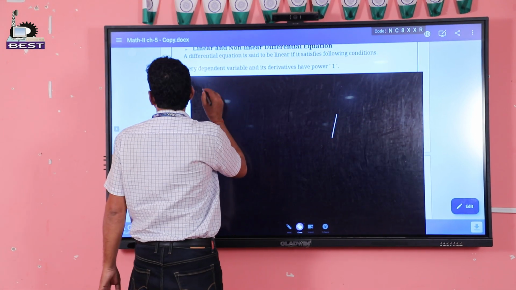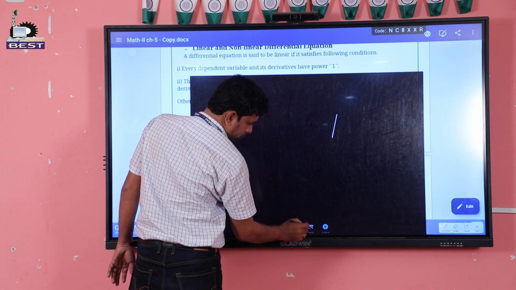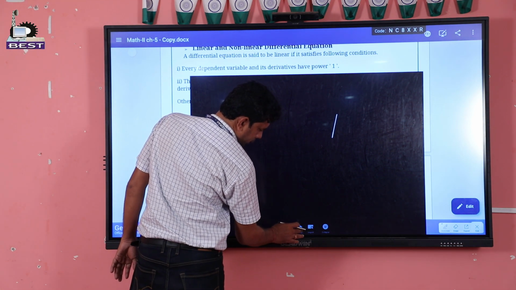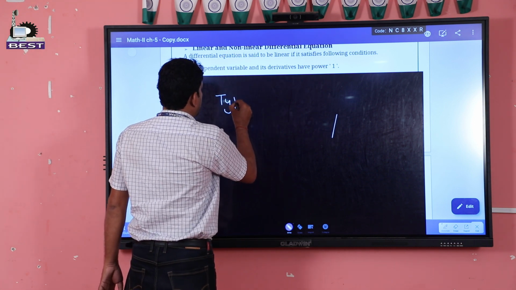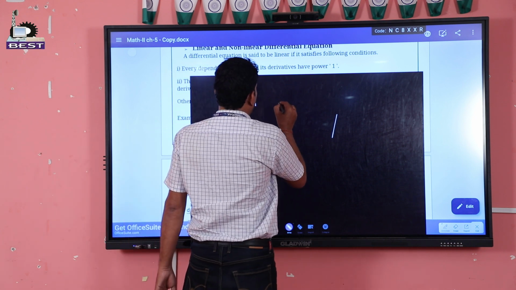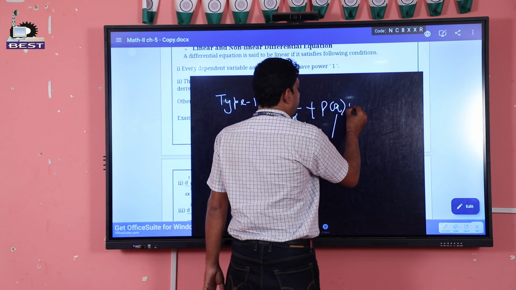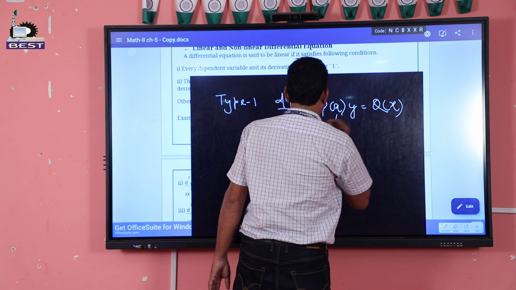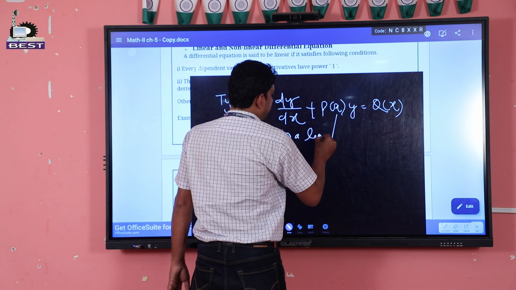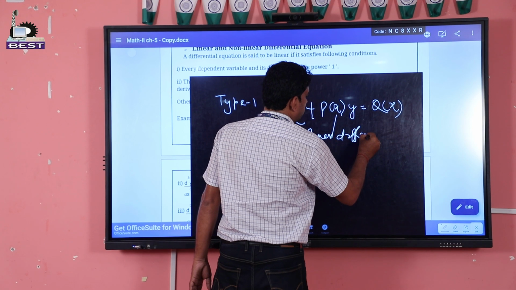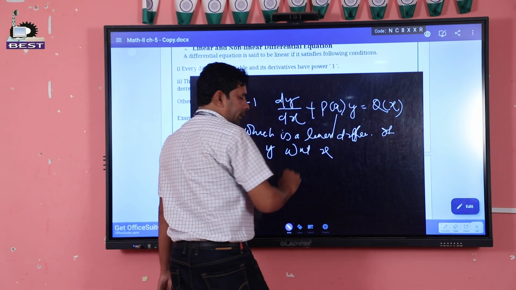Type 1: an equation of the form dy by dx plus p of x into y equal to q of x, which is a linear differential equation of y with respect to x.